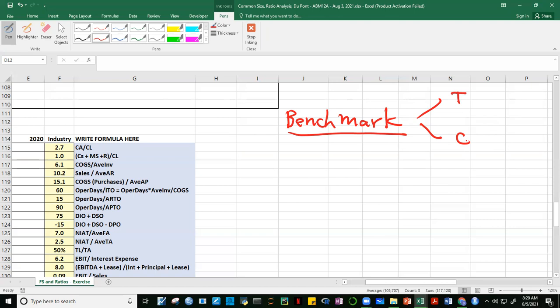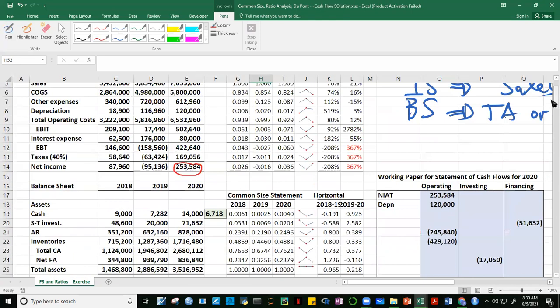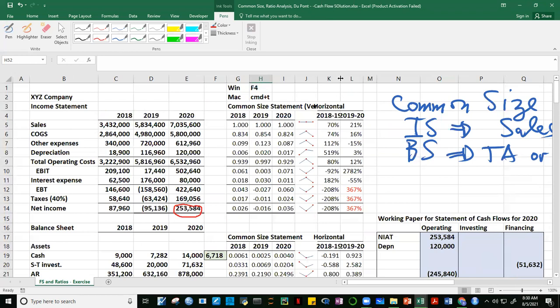Yung T, ginawa na natin yan, no? Last time. So what does it mean to benchmark against, ano kaya yung T? Ito yung ginawa natin last time, no?